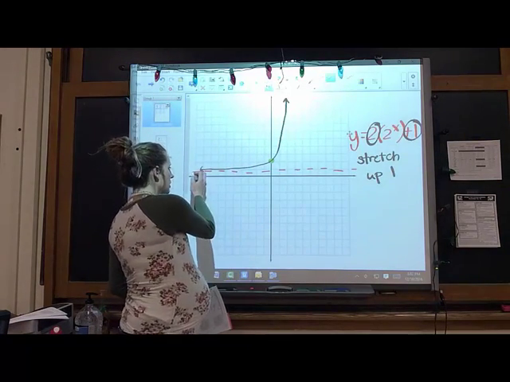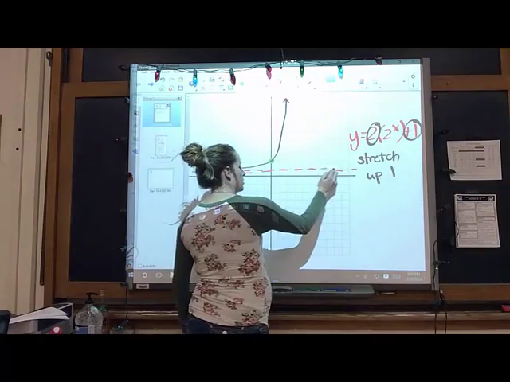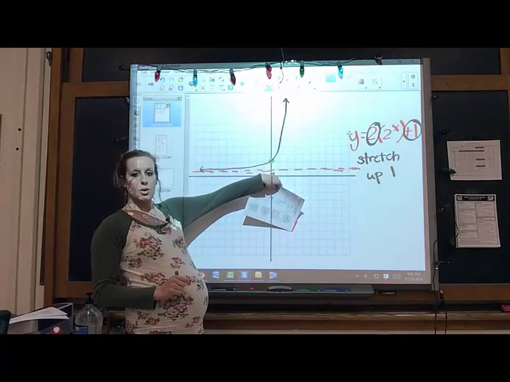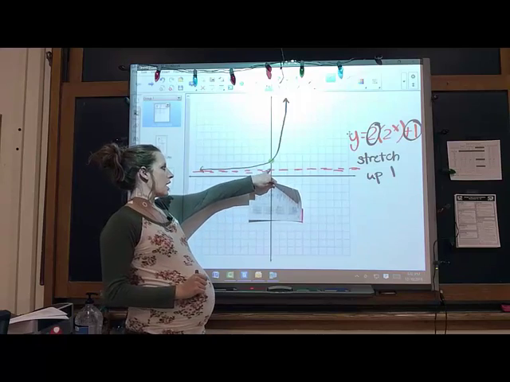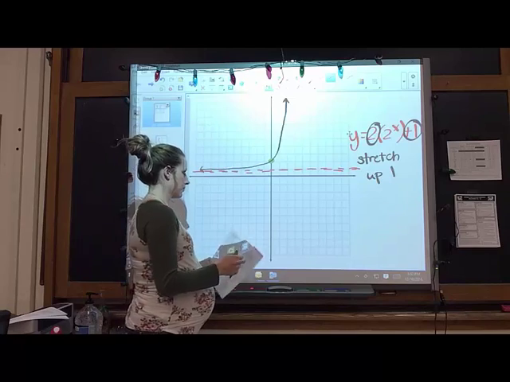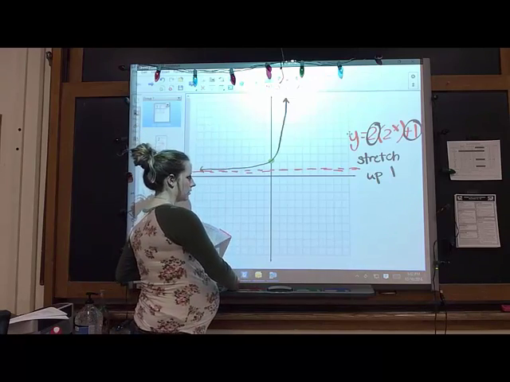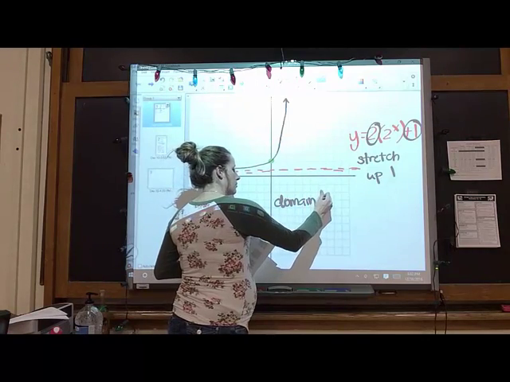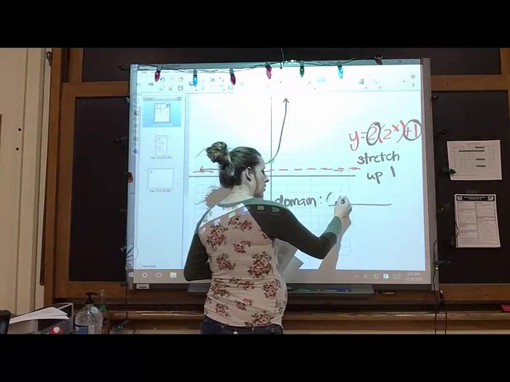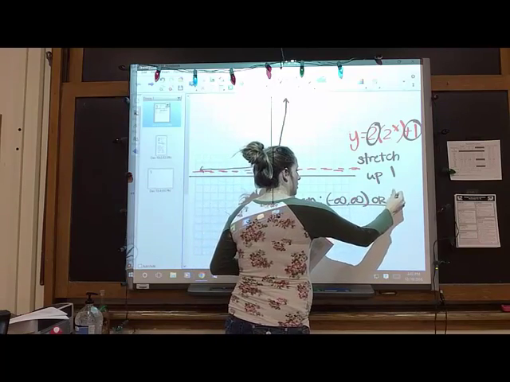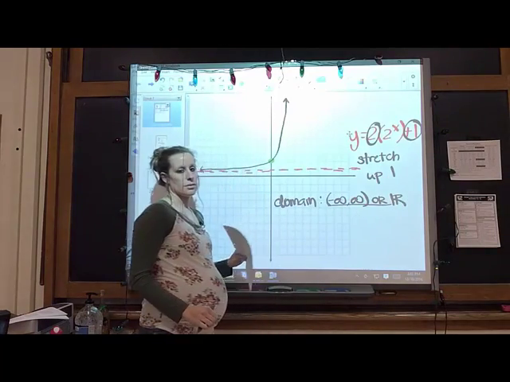So I'm looking for that horizontal line to be at 1. I'm looking for that point that's normally at 0, 1 for this graph to be at 0, 2. Your domain for exponential functions will always be negative infinity to positive infinity, or all real numbers.